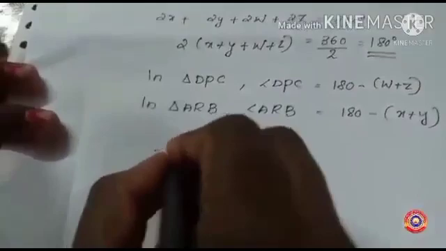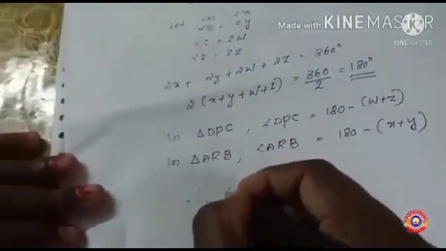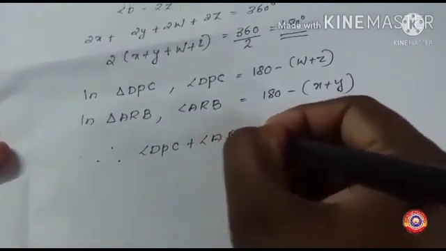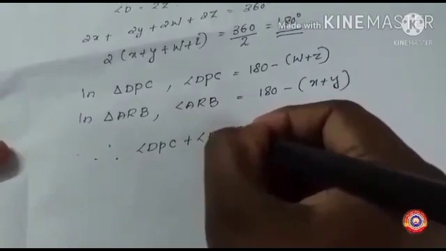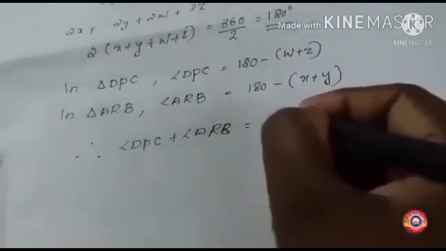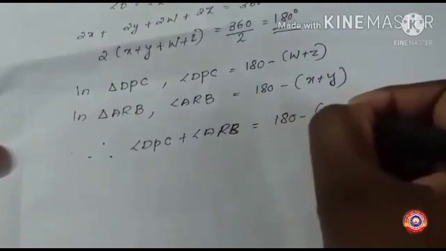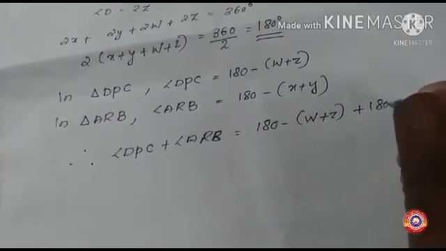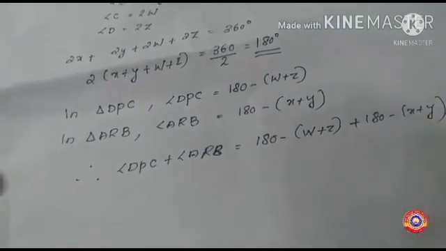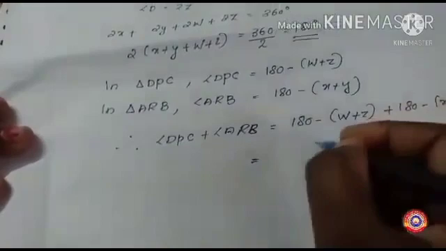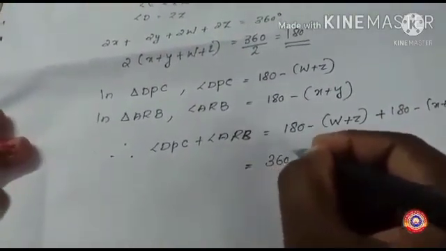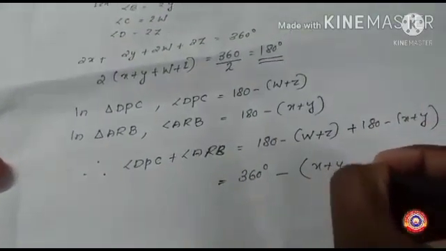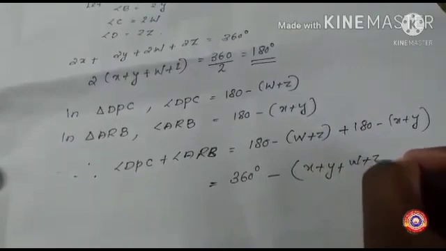So next we have to take the sum of these two angles. Angle DPC plus angle ARB equals 180 minus (w plus z) plus 180 minus (x plus y). 180 plus 180 is equal to 360 minus (x plus y plus w plus z).